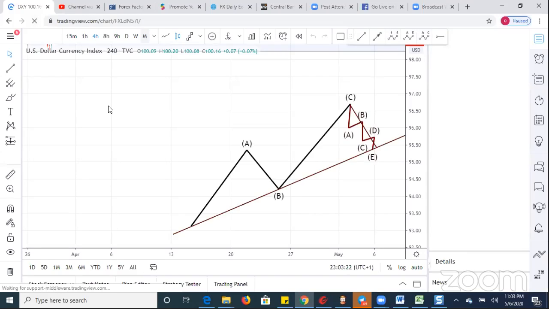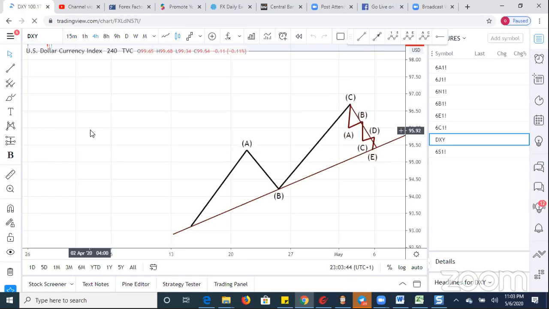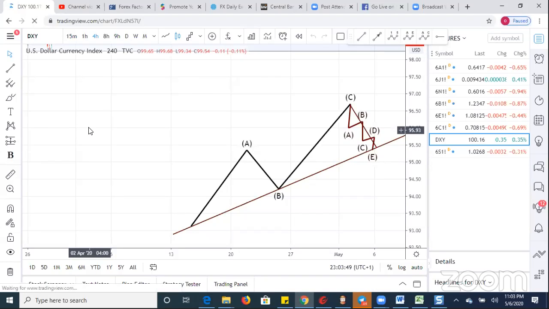My network seems to be a bit slow to come up. So we predicted that GBP USD was going to be a sell. Of course, if DXY is bullish, and we looked at the Great Britain GBP futures, and we also assumed that the GBP futures was going to be bearish.